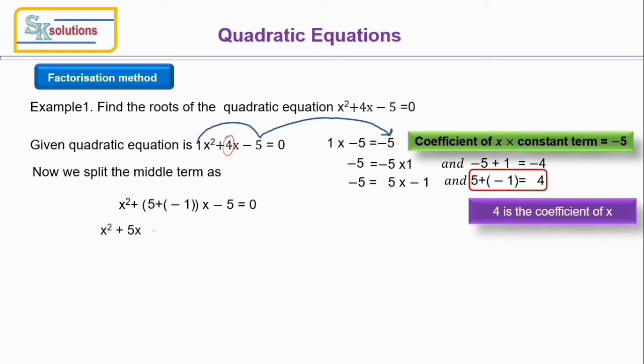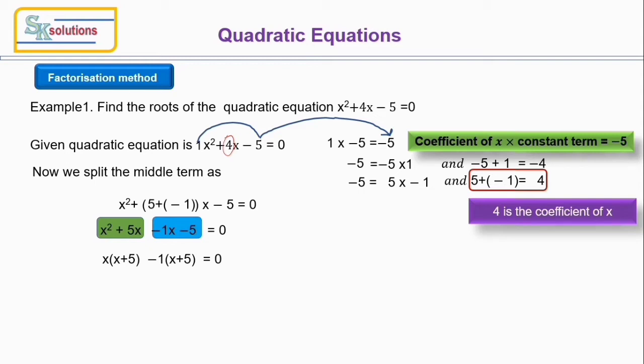Now opening the bracket, we get x² + 5x − 1x − 5 = 0. Now we take the first two terms and the last two terms. From the first two terms, we can take the common factor x and write it as x(x + 5) minus, from the last two terms we can write 1(x + 5), which is equal to 0.